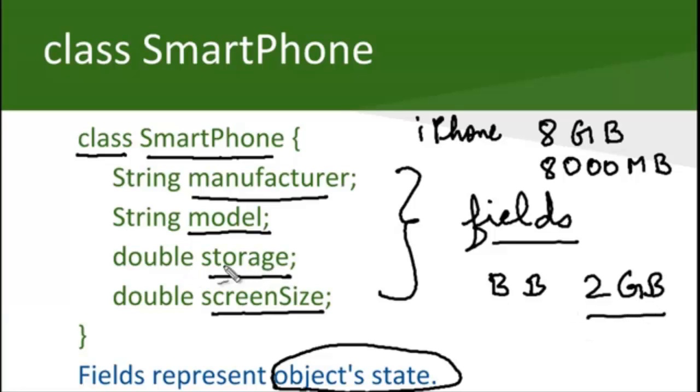So for an object BlackBerry of the smartphone, the storage might be just 2 GB, and for an object iPhone of the smartphone, the storage might be 8 GB. For our example, let us assume that we'll be taking storage in MBs. So these are basically the fields, and they define the state of the object, and they will be different for each object and they will actually define what an object is.